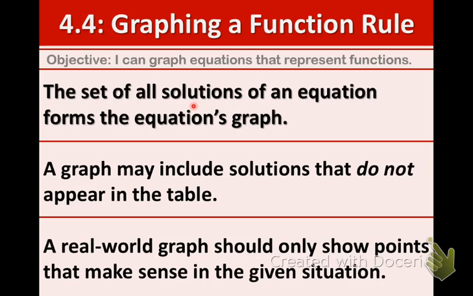The set of all solutions of an equation forms the equation's graph. A graph may include solutions that do not appear in the table.